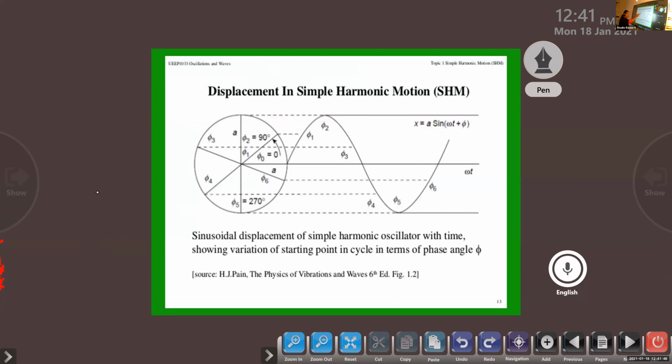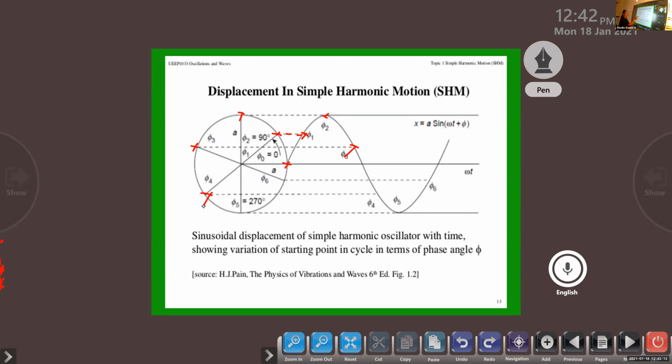First, starting with the 0 angle, the ball reached up to this. The corresponding phase is phi 1. Then the ball reached 90 degrees, and you got the corresponding point phi 2. It is rotating anti-clockwise, then goes to phi 3, another point here, because it's negative, so naturally the oscillation is also decreasing.